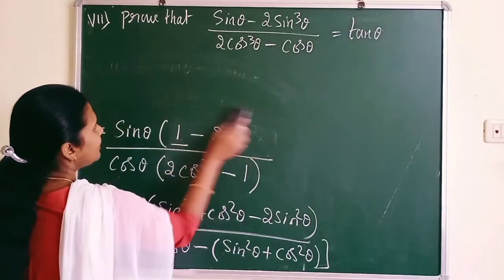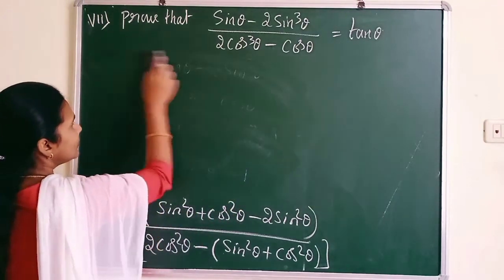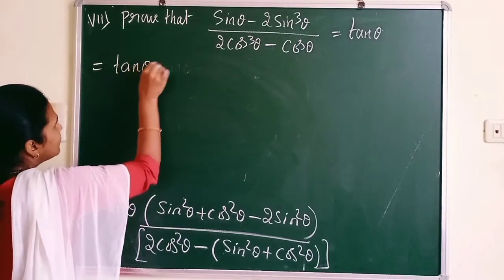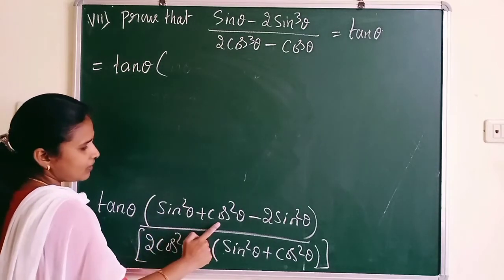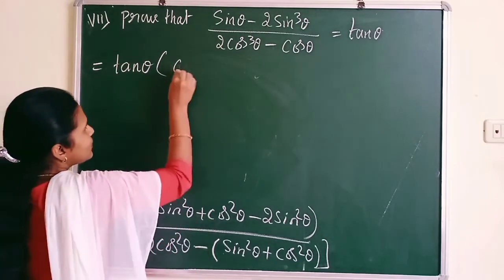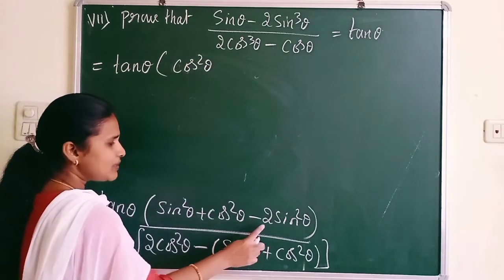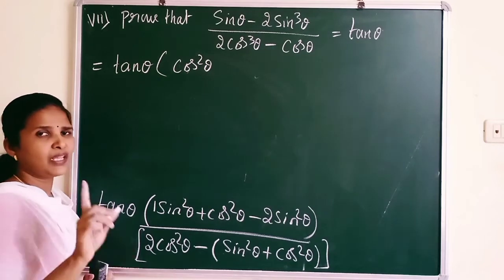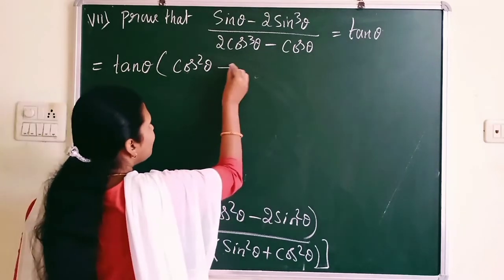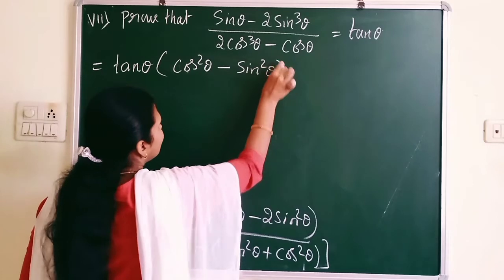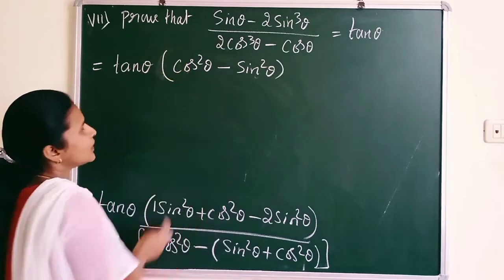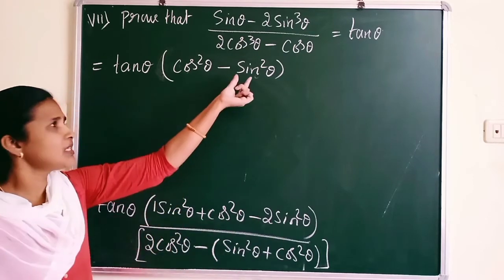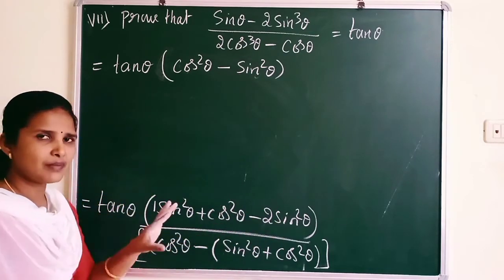You can see tan theta as it is, and cos square theta as it is, and minus 2 sine square plus 1 sine square is minus 1, so you get minus sine square theta. So this bracket is simplified.